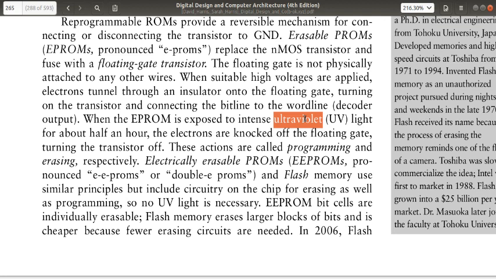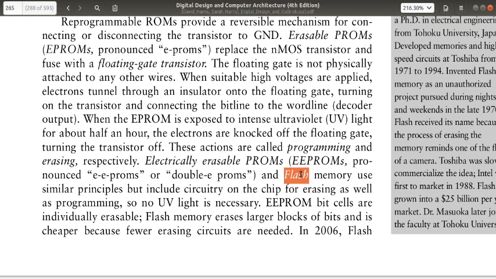Obviously you may require some specific machinery for that, but still it was becoming more user friendly, and you could reprogram it multiple number of times. Then there is flash memory, which is used in your pen drive and things like that. So it is used for storing more data, right?